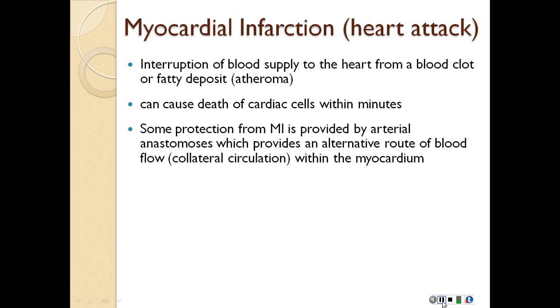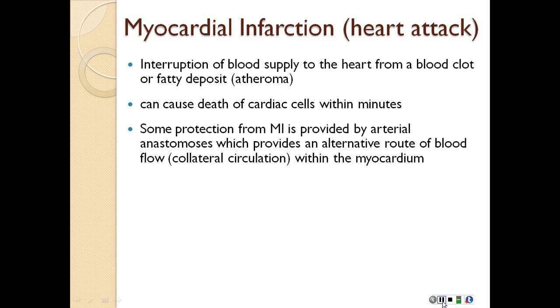So anything that causes blood not to be able to get through the coronary arteries to the heart wall will cause a heart attack. This can cause death of myocardial cells within minutes. If blood is not getting to those cells, they will die just like any other tissue.